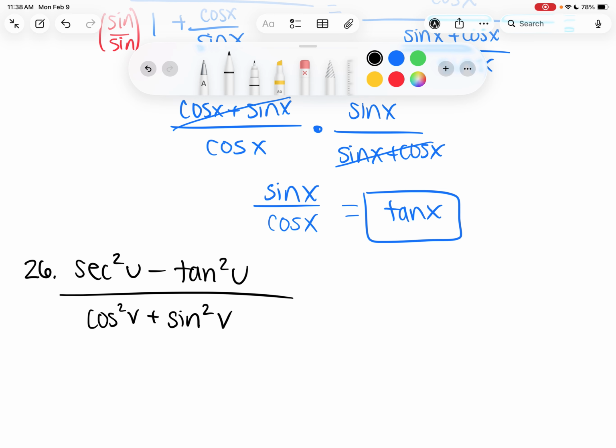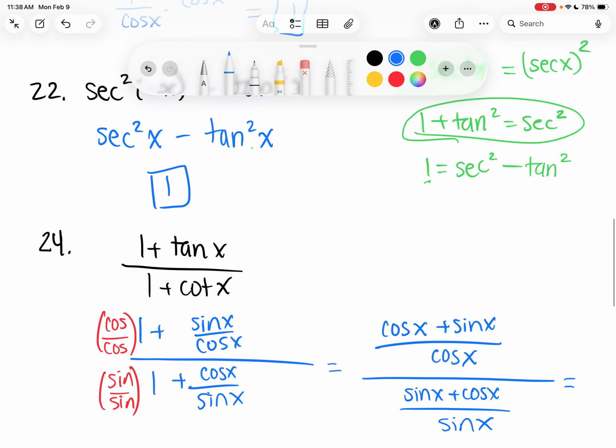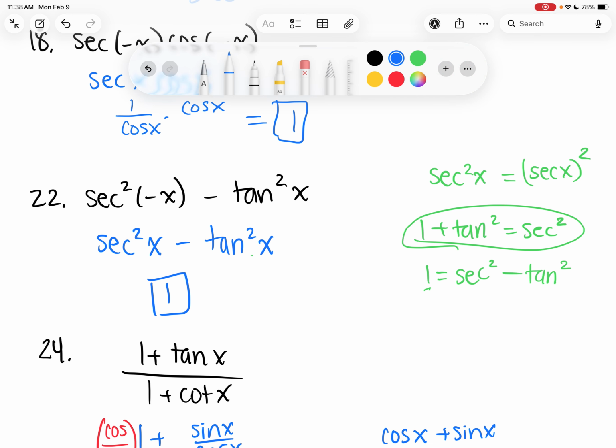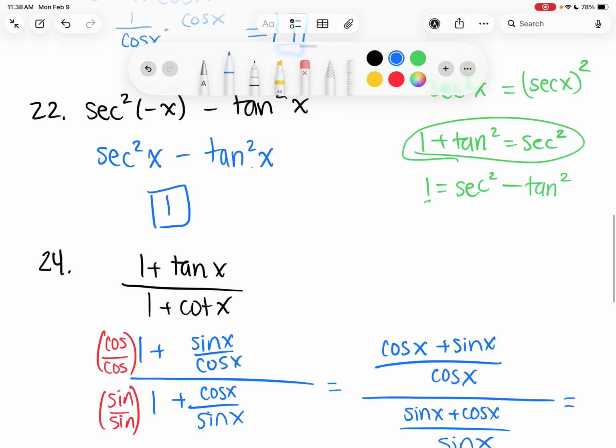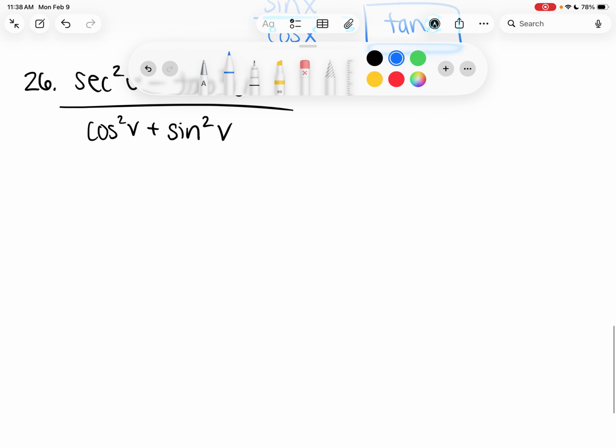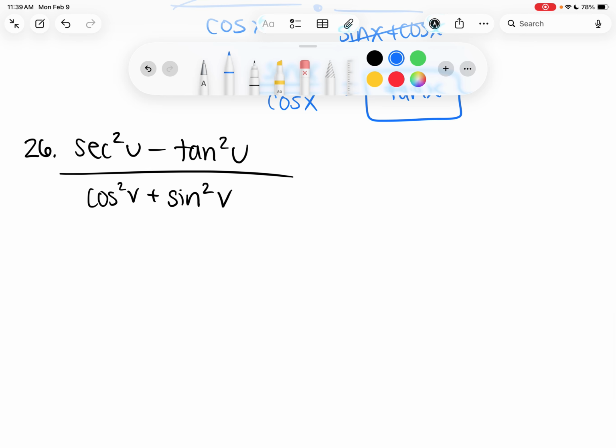Do I have one that's secant squared minus tangent squared? Well, you have to manipulate it, but yes. It goes back to the one up here that we had in green: 1 plus tangent squared is equal to secant squared. Subtract the tangent squared, and I have secant squared minus tangent squared, which is exactly what I have right here. So that's equal to 1.